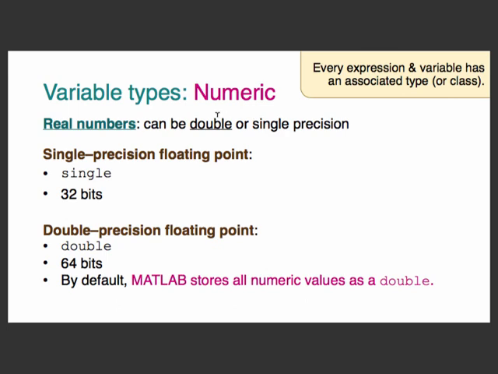The difference between single and double precision is the amount of memory they take. Single precision takes up 32 bits, double 64 bits. Again, the larger the amount of memory, the larger the range of values it can store. By default, MATLAB stores all numeric values as a double. That's usually how we want to keep it, okay?